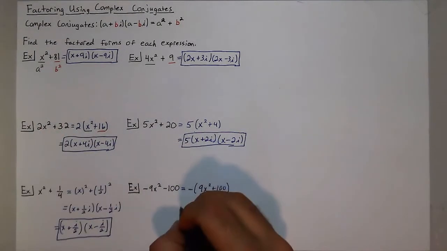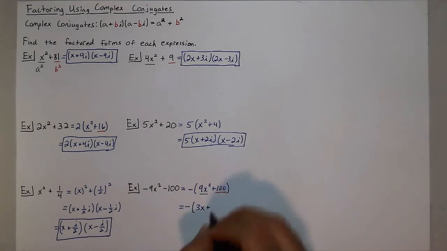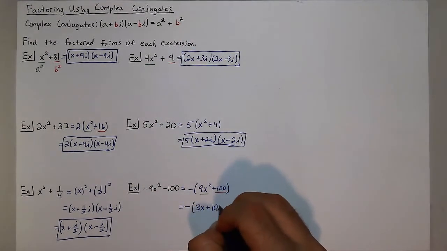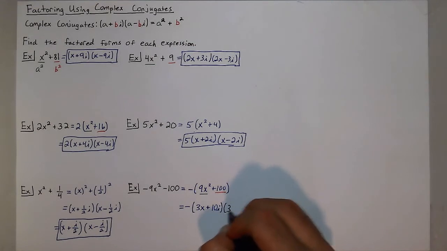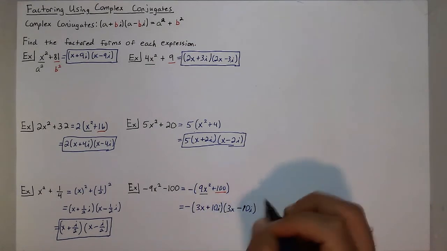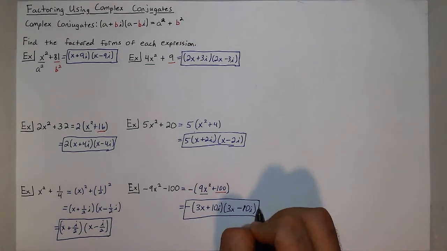So I'll get negative times the square root of 9x squared, which is 3x, plus the square root of 100, which is 10. The fact that we're adding them makes that 3x plus 10i, and we'll use this complex conjugate as the other factor. There we go: negative times 3x plus 10i times 3x minus 10i.